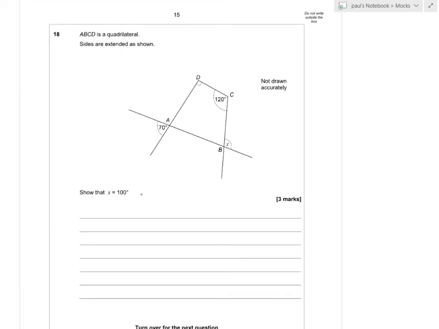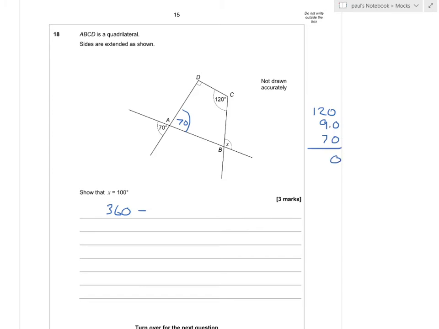Right, show that x is 100. So we know that one's 70 because it's vertically opposite to that. Now we've got three of the four angles there. So if we do 360, take away all this lot added together: that's 120, and the 90 in the top corner, and the 70.